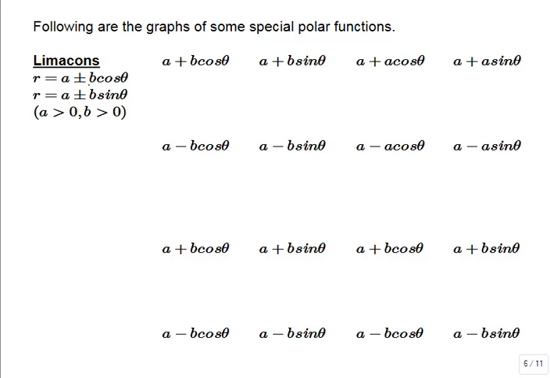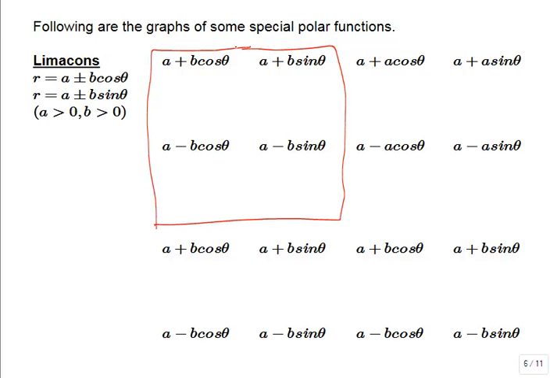So these first four right here all fall into a similar category called a limaçon with an inner loop. And this will happen if your a constant, the one that's out front, divided by your b is less than 1. In other words, if the a number is smaller than your b number.